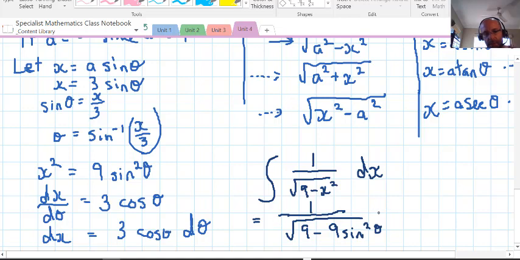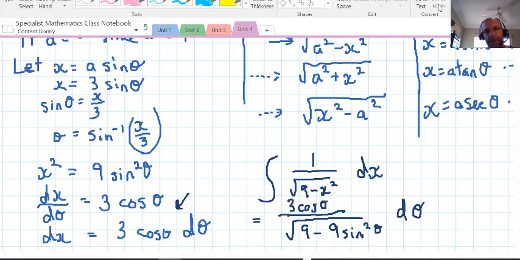For dx we need to write in 3 cos theta d theta. So we have that 1 there, we have 3 cos theta d theta there, and we put our integral symbol in.